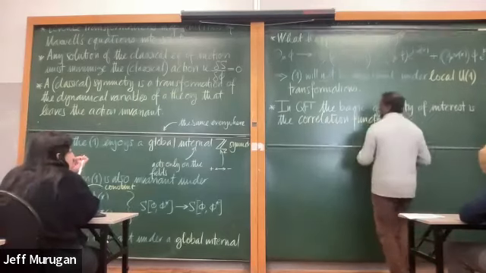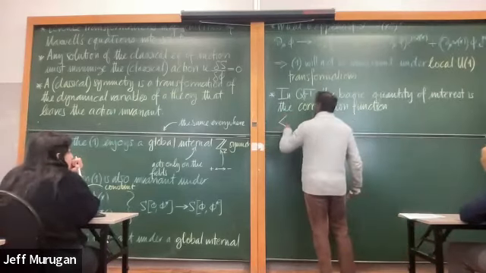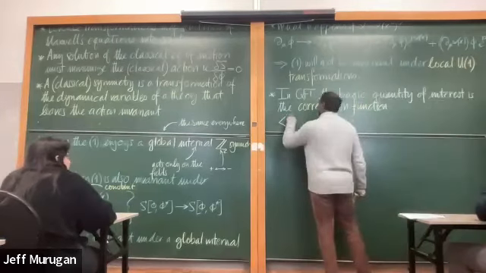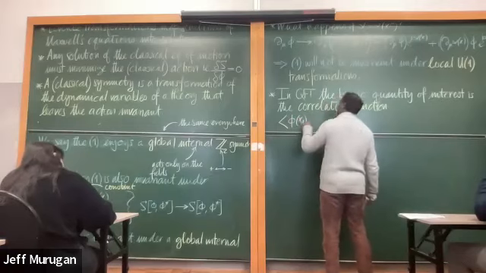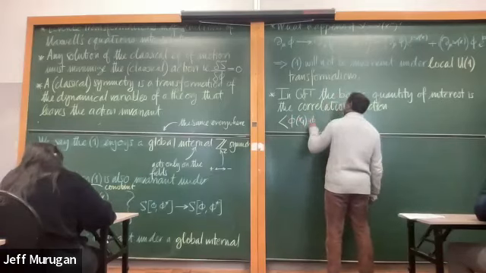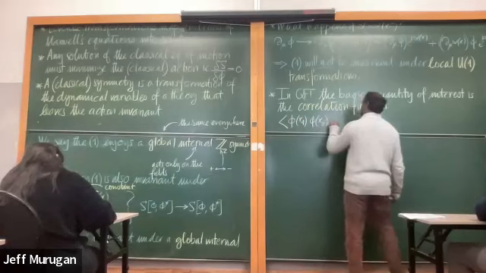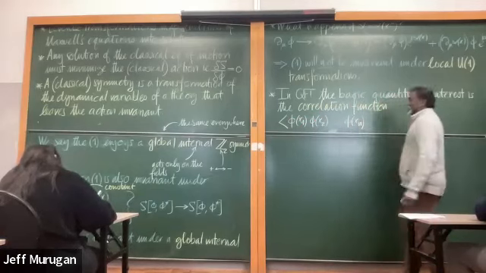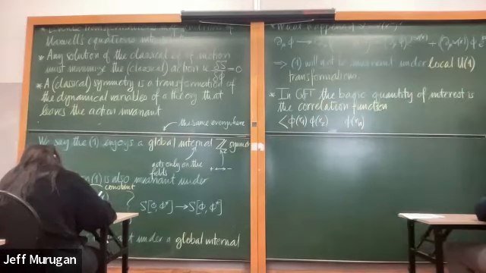So for some generic set of fields in the theory, the n-point correlation function is the object that I get when I take phi of x1, phi of x2, through to phi of xn. So this is a product of n fields phi evaluated at different points.